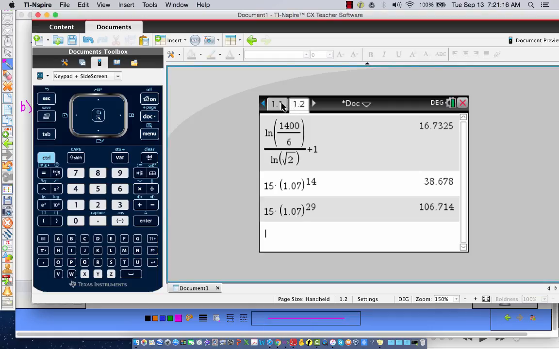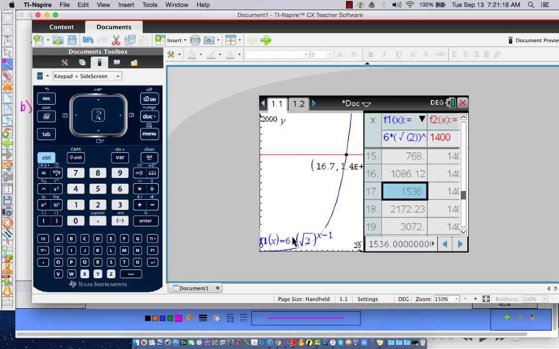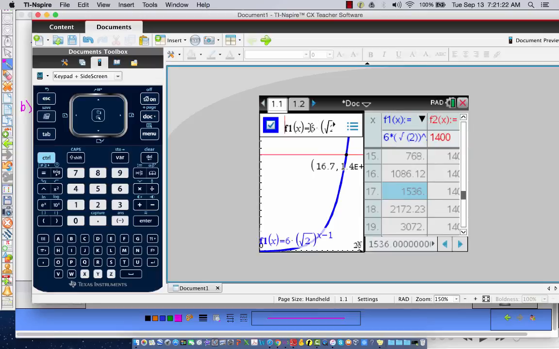So let's go here and see if we can change this function. You can double click on it, and I'm going to enter 50 times 1.07. And actually, I have to learn from this.